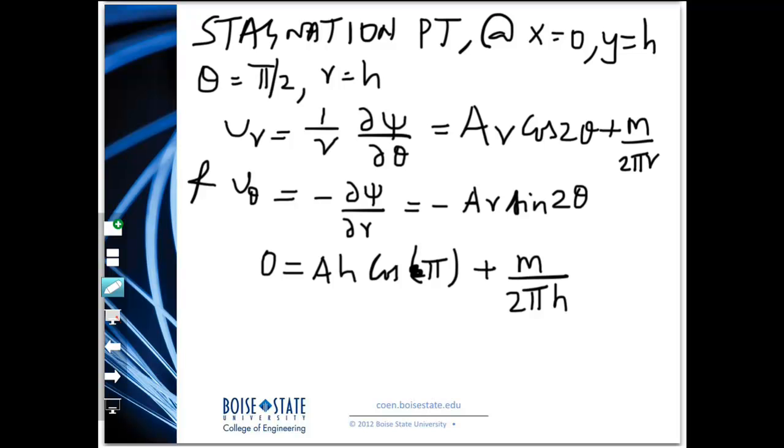If you do the math and simplify it, you get h is the square root of m over 2 pi a. So we can write our answer in terms of m and a for solving the bump height h. Okay, now let's move on to the next problem.